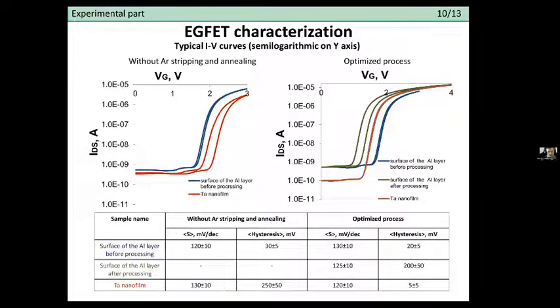And as you can see, the subthreshold swing is worse than the original structure with aluminum oxide. And more importantly, hysteresis is very large compared to the original structure. And on the right, we have the optimized three-step process.